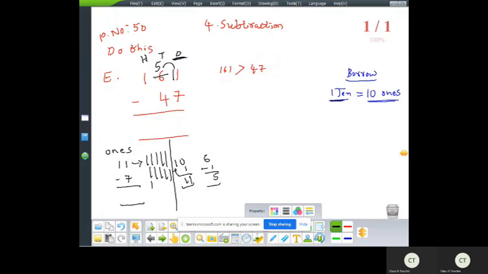From 11 we cut 7 lines. 1, 2, 3, 4, 5, 6, 7. After cutting 7 lines from 11, there are 4 lines. 1, 2, 3, 4. 11 minus 7 is equal to 4. This answer 4 goes right under one's place.